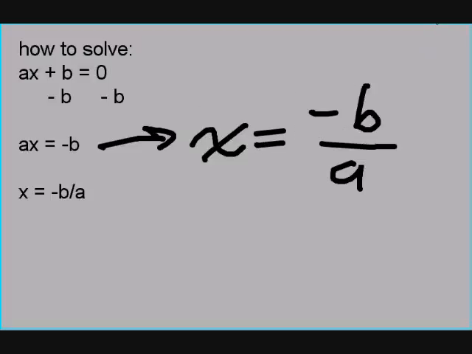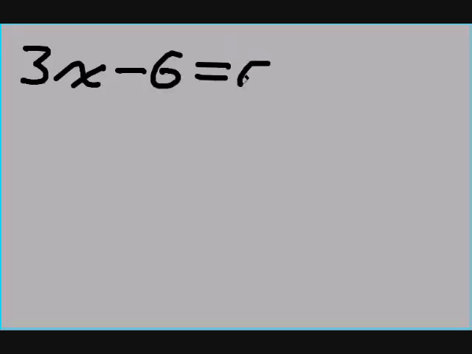So, let me clear this. Let's do an example. Basic example, but an easy first one. Let's start with 3x minus 6 equals 0. We know what to do. We want to get the x by itself to find all solutions to this equation. So we add 6 to both sides, of course.